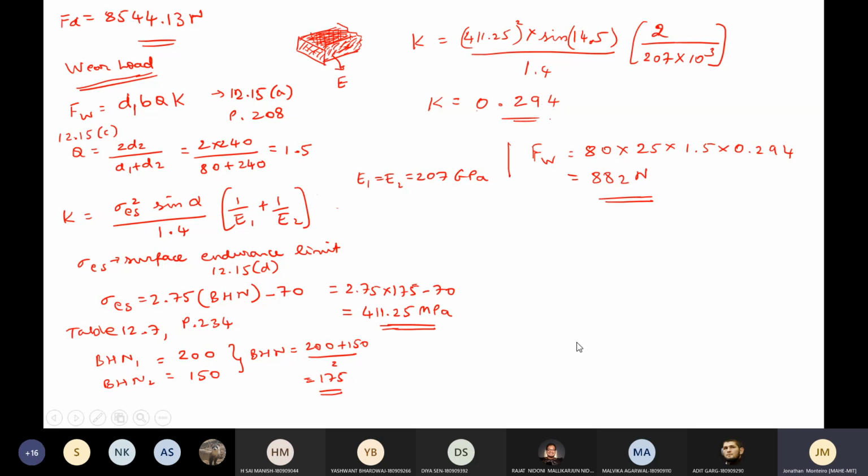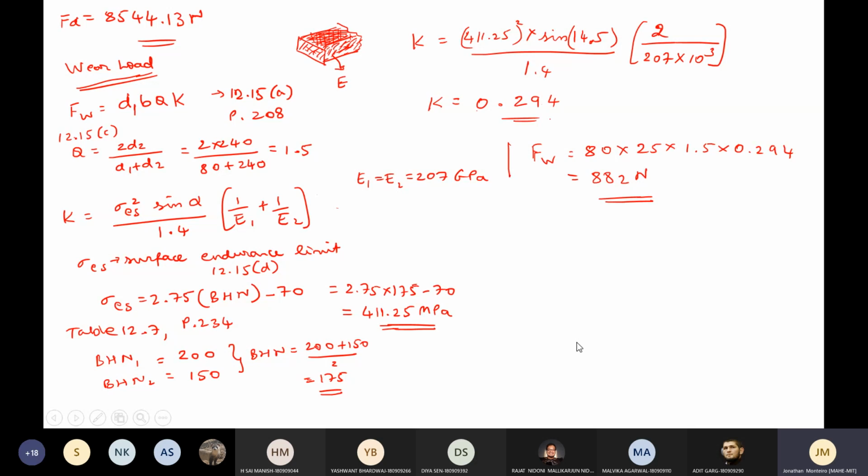In the previous class, we had stopped at one point in the problem, where we were calculating the wear load on the tooth. Let me recollect what we had done.